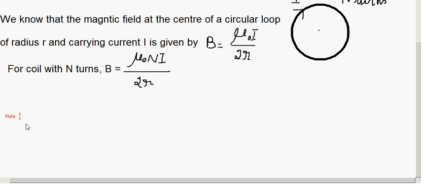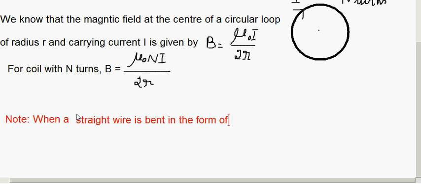The length of the wire will be equal to the circumference of the coil multiplied by the number of turns.